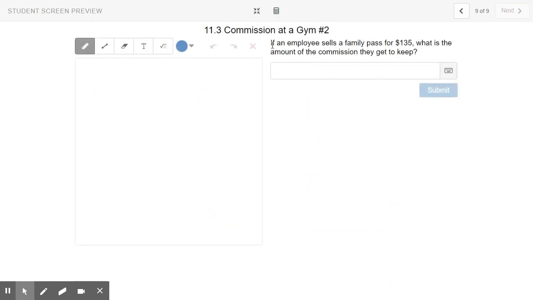All right, so now we're at the same gym. If an employee, okay, so they sold a family pass. So a family pass is actually $135. So they sold a $135 pass. What's the amount of commission they get to keep?